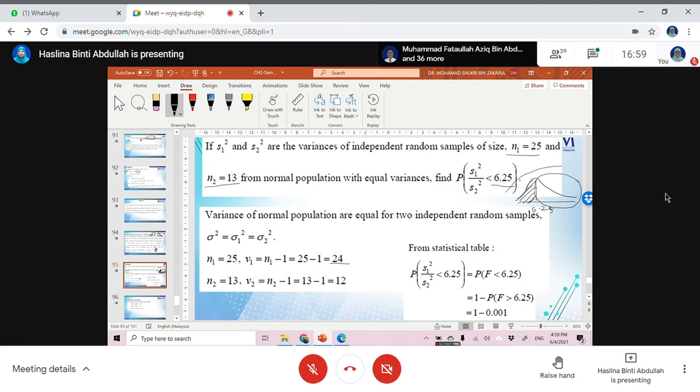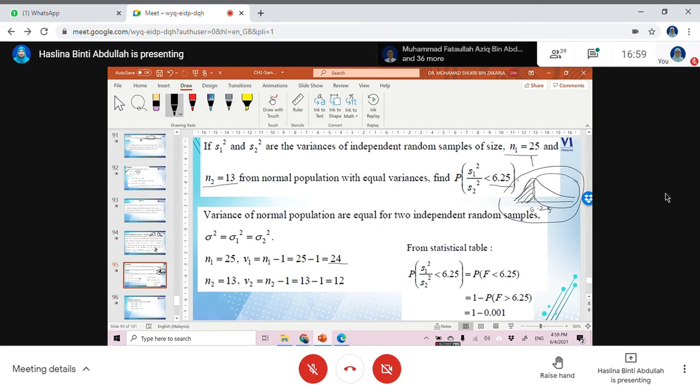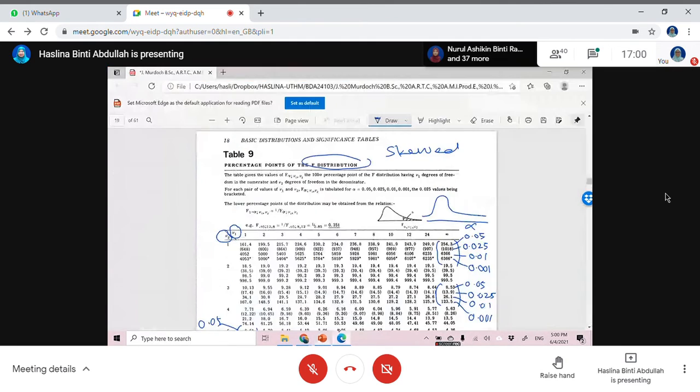The total for this area is equal to 1. So you just find the value for 6.25. Degree of freedom for sample 1 is equal to 25 minus 1, which is 24. Degree of freedom for sample 2 is equal to 13 minus 1, which is 12. Okay, and then the proportion is equal to 6.25. Refer to the F table. Saya padam yang ni dulu.